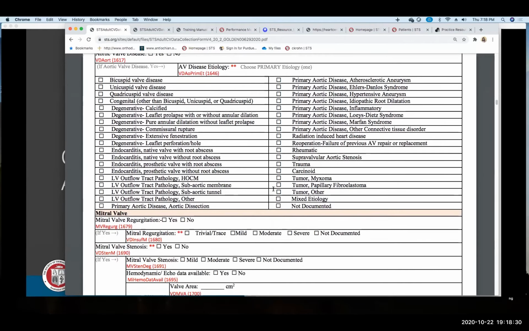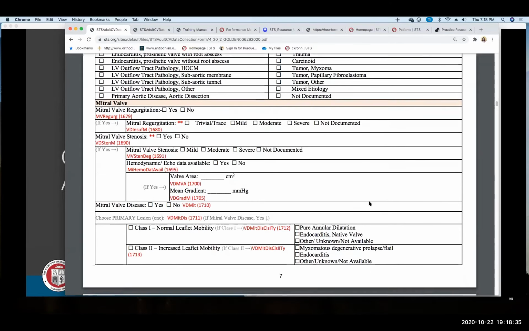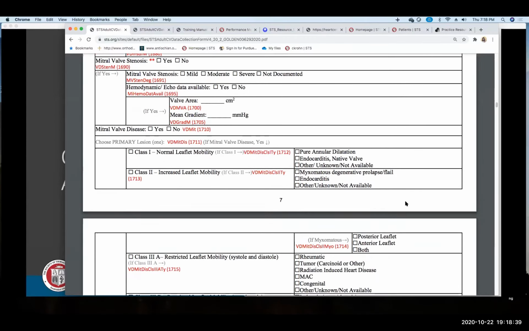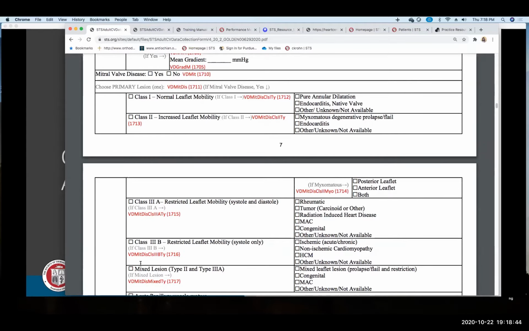When we get into the mitral section, we collect the same information. However, we went back and we collect on the Carpentier classification. And if that's documented, we can capture that here.